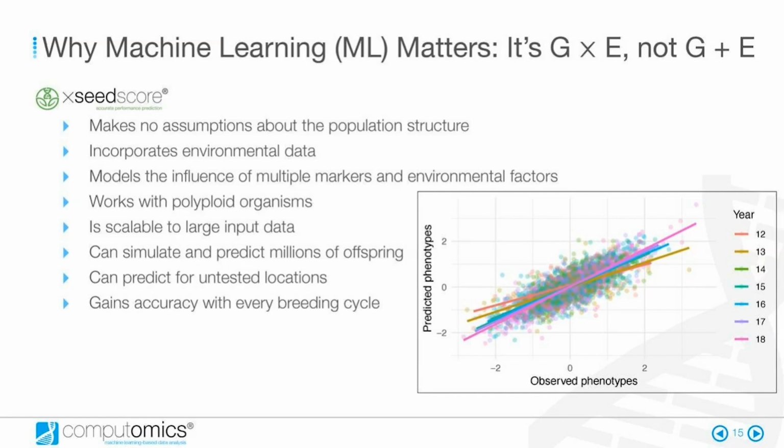The diagram on the right-hand side shows results from a breeding program we're supporting for several years now. By adding data from previous years, that is historical data, our predictions gained in accuracy with each year. We use statistical models as a baseline for prediction accuracy and are always developing this technology further.